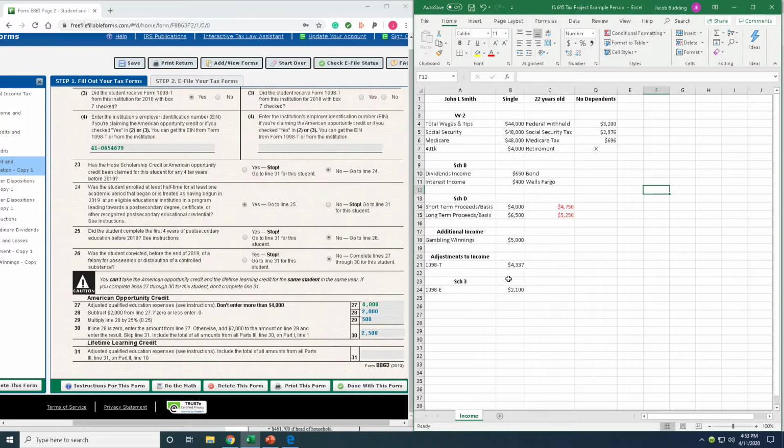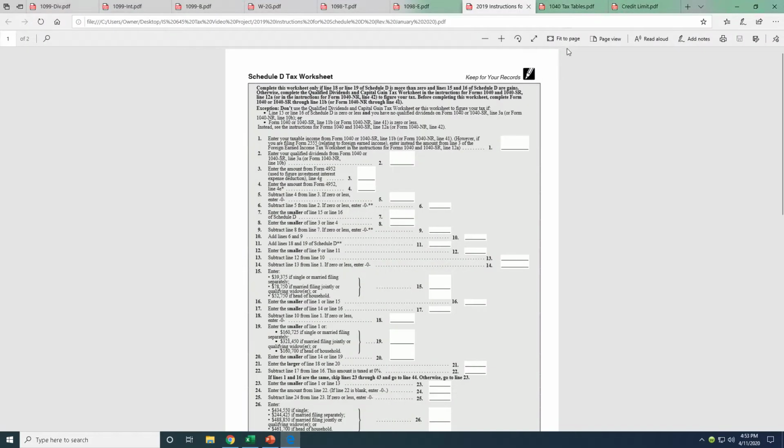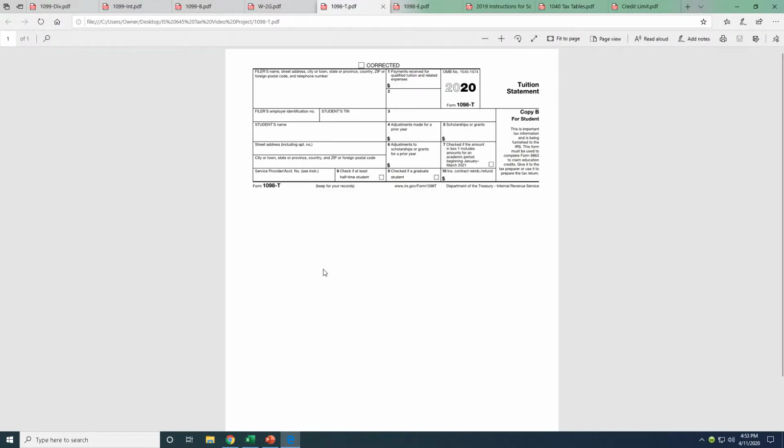So he paid $4,337 this year for qualified expenses. Let me show you what this looks like. So right here, payments received for qualified tuition and related expenses. That would go right here. This will show any scholarships or grants you received. Check if it's a graduate student. This would be for the lifetime learning credit.